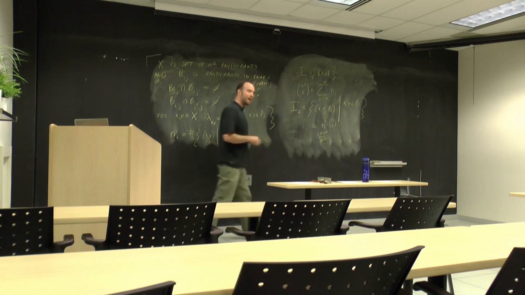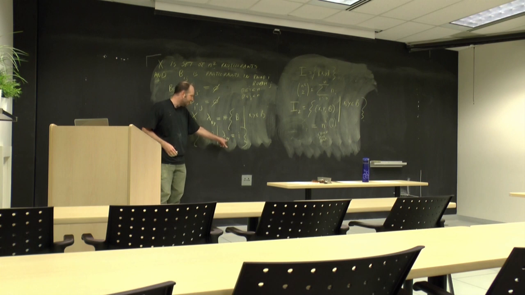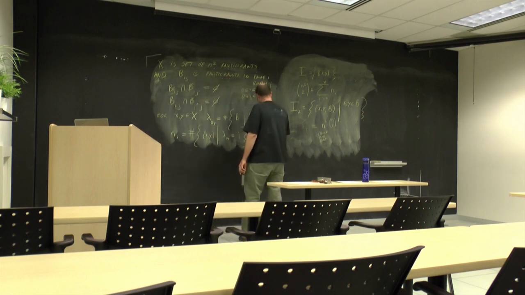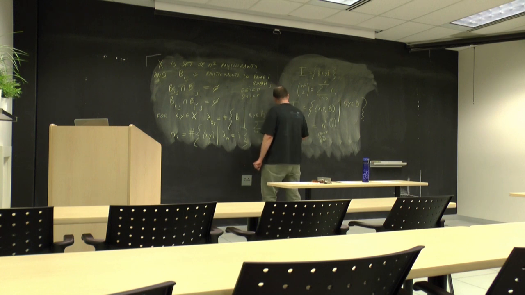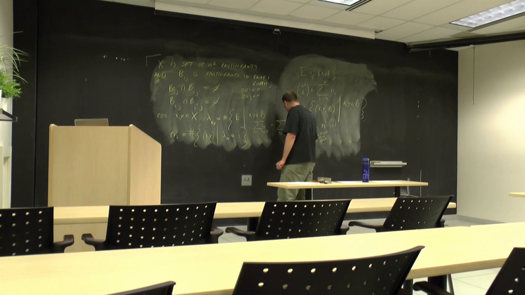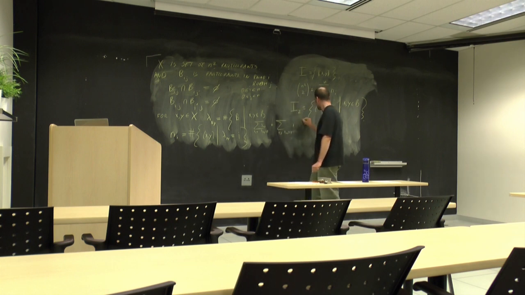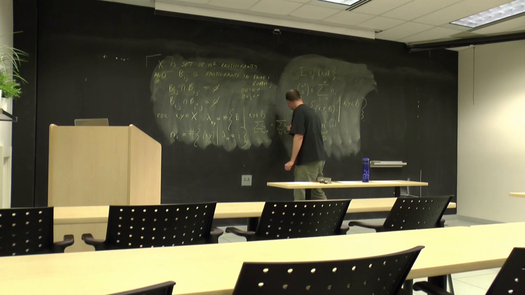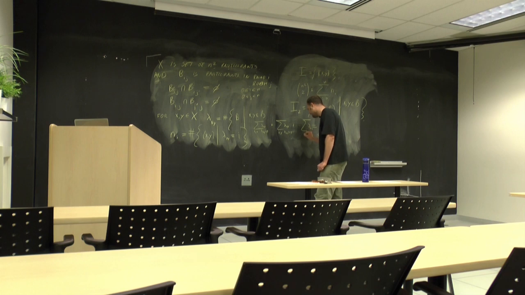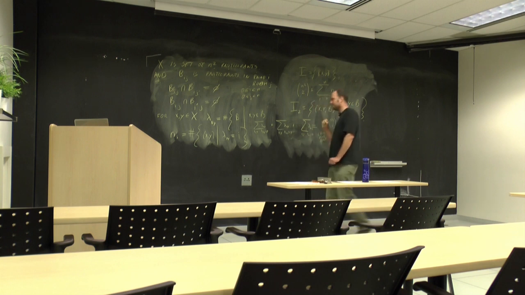I'm just going to break that sum up into a bunch of smaller sums depending on the lambda for that xy. So I have a sum of xy such that lambda xy equals 0, plus xy such that lambda xy is 1, and finally xy such that lambda xy is equal to n.